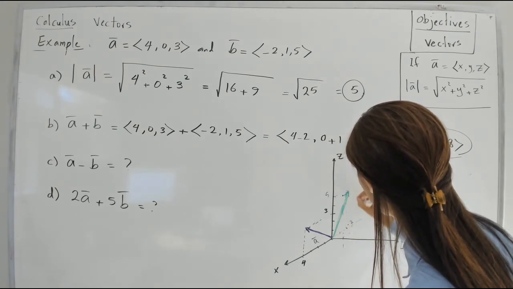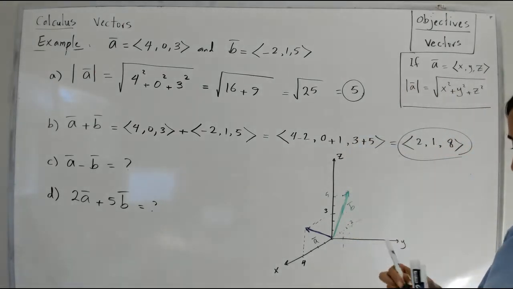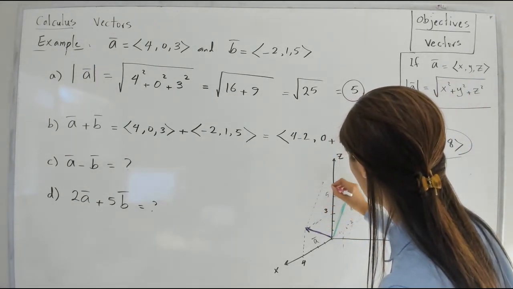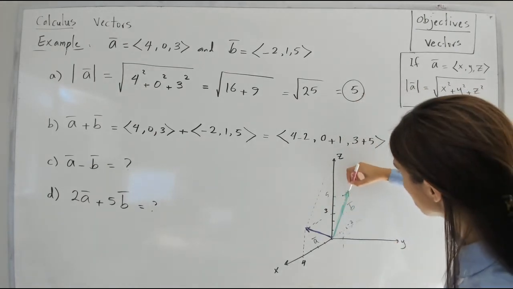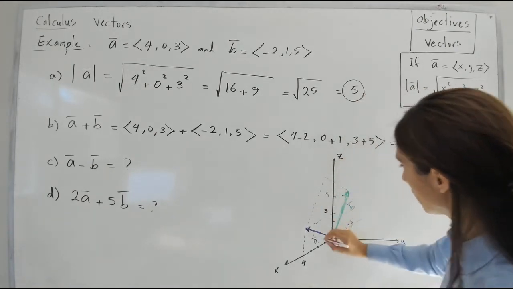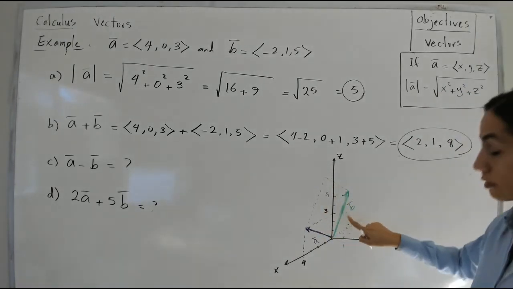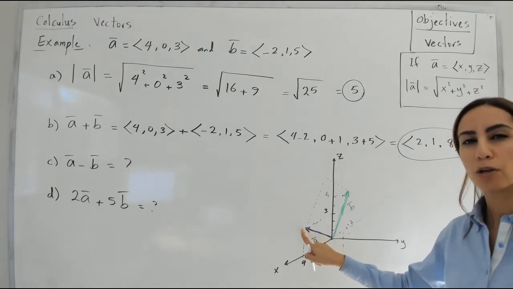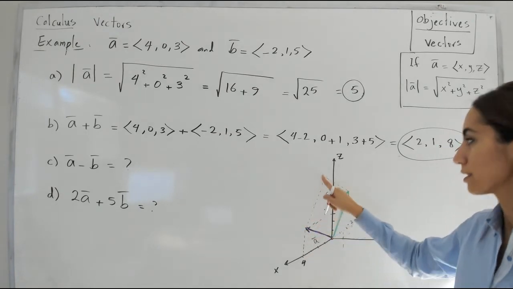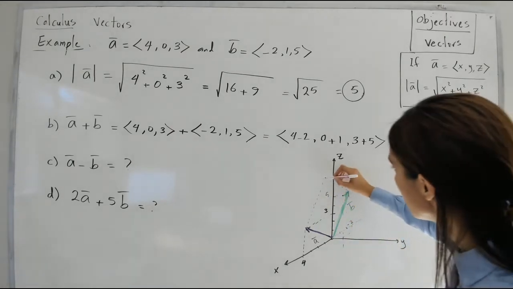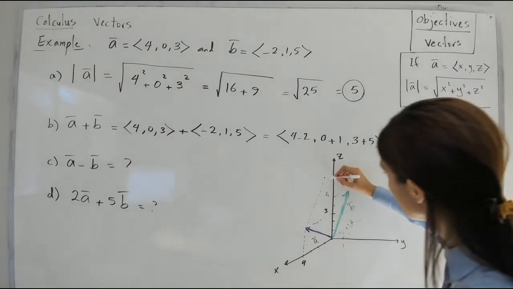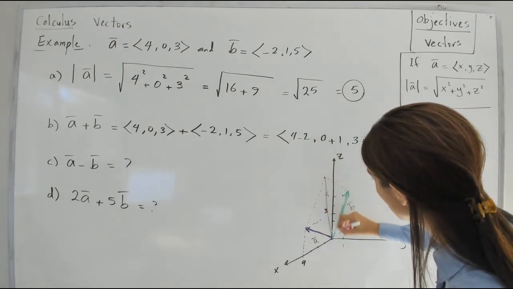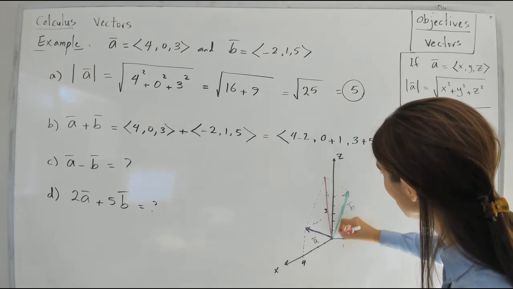And our final vector, which is the sum of these two vectors, is going to be, okay, we can use the parallelogram method and have the vector B starting from the terminal point of vector A in the same direction, parallel to vector B, with the same magnitude, and then at the end point we're going to have our sum of two vectors, which is this new vector here, A plus B.